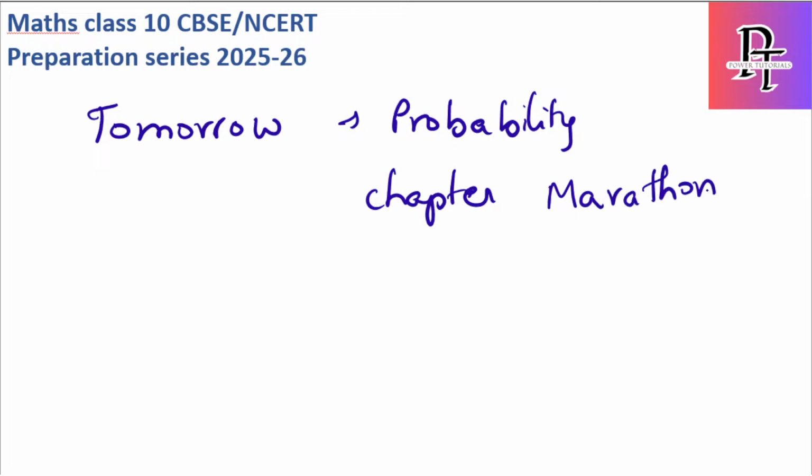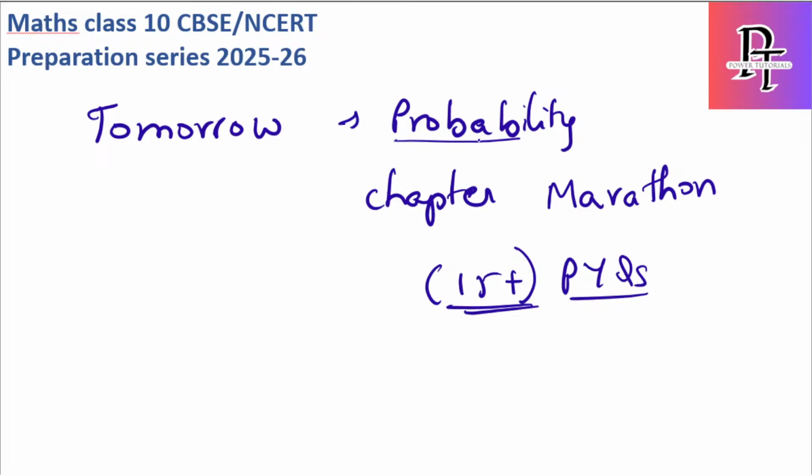There I will cover previous year questions, and this time I will target at least 15 plus. Today I thought of 20 but couldn't get it. But tomorrow I will definitely plan 15 plus PYQs from the probability chapter.